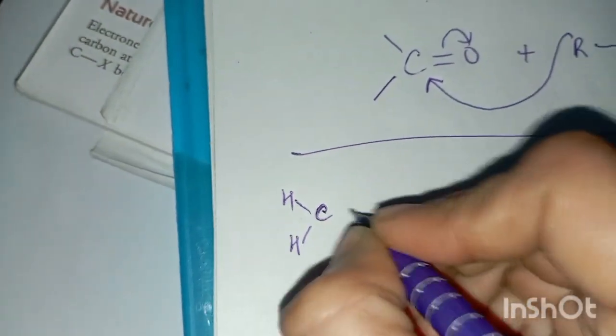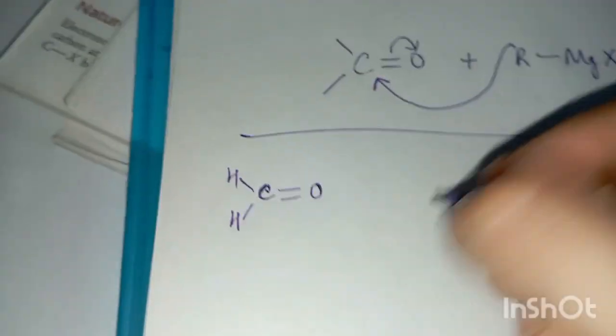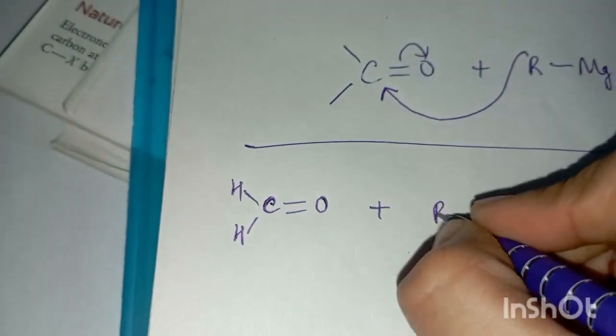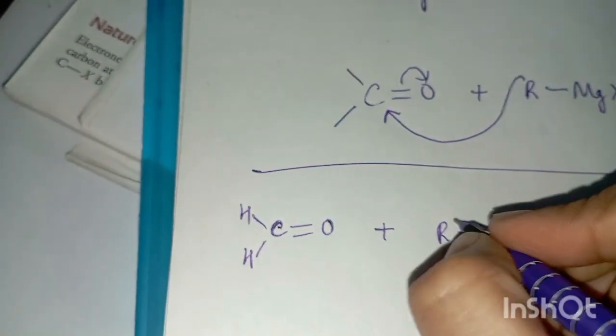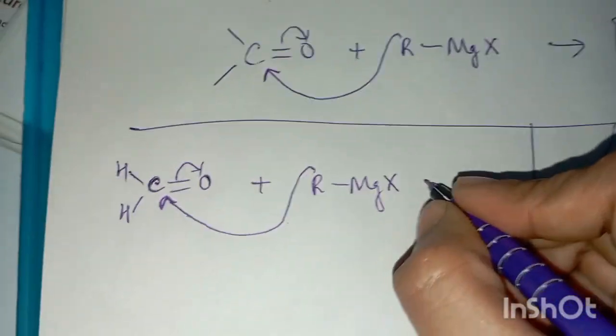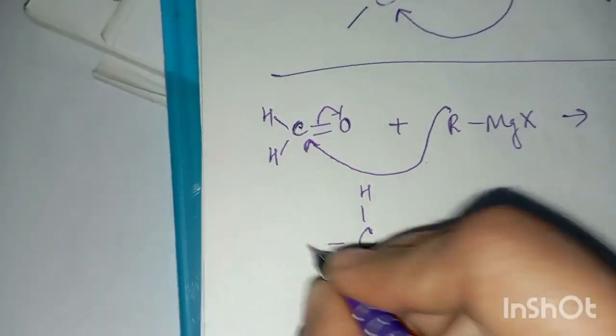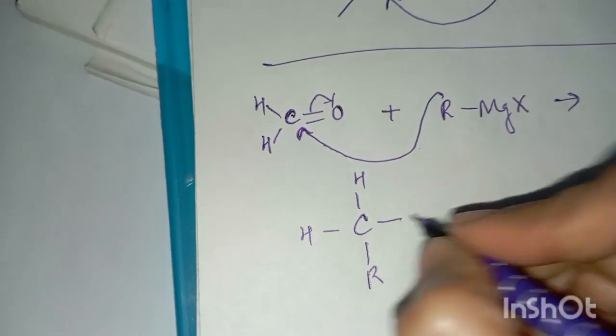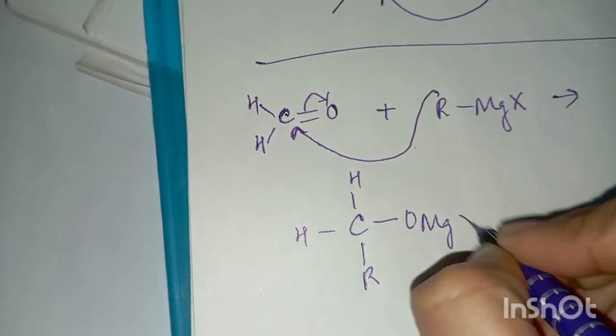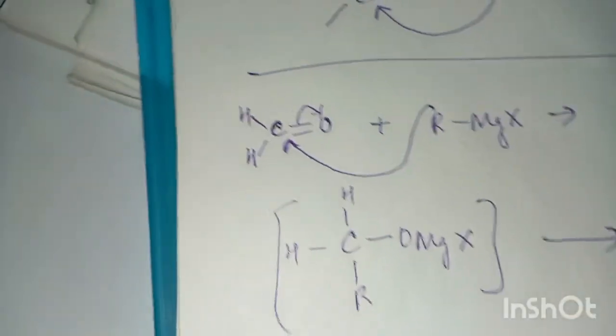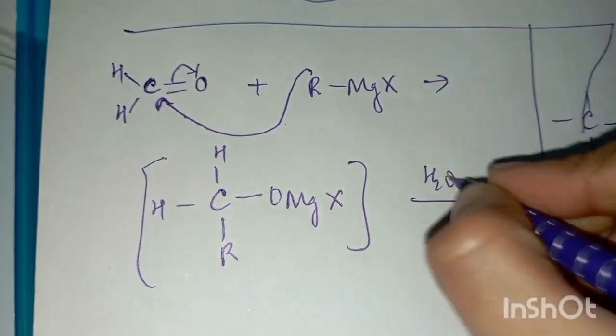Formaldehyde is HCHO, the simplest carbonyl compound. An adduct will be formed through the nucleophilic addition, and hydrolysis of this adduct will lead to the formation of alcohol.